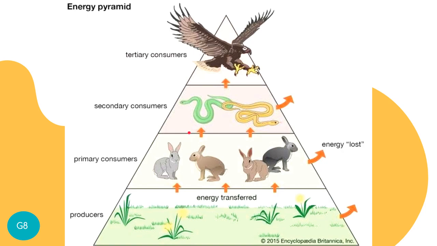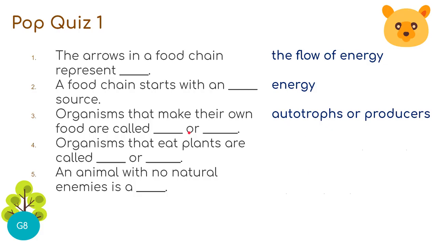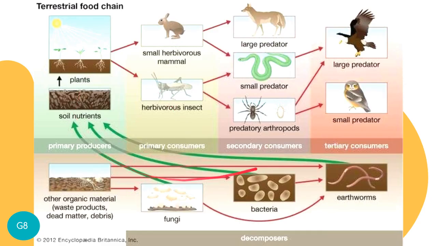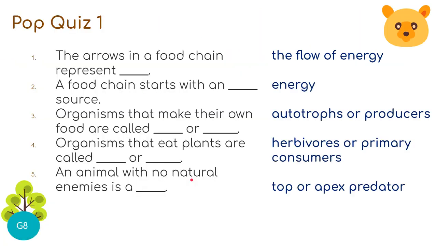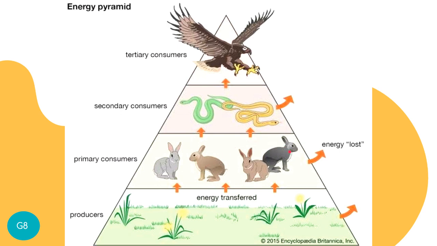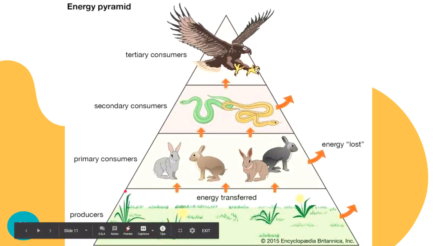So as you can see here in this example, we have used this food web as the example. Here the producers are always found at the base of the pyramid, because they are the most numerous organisms.